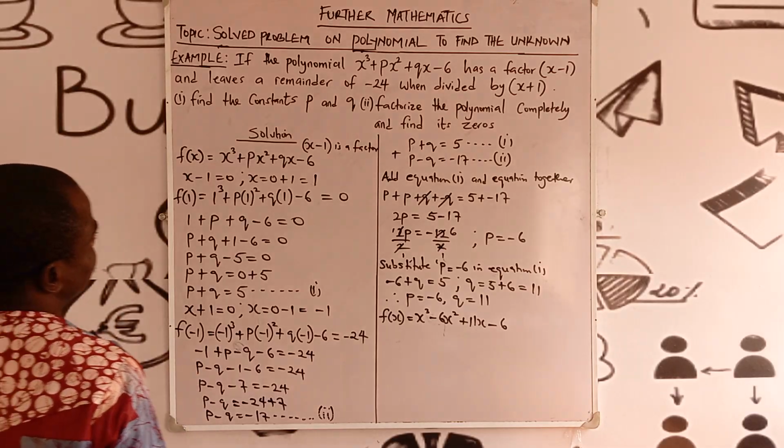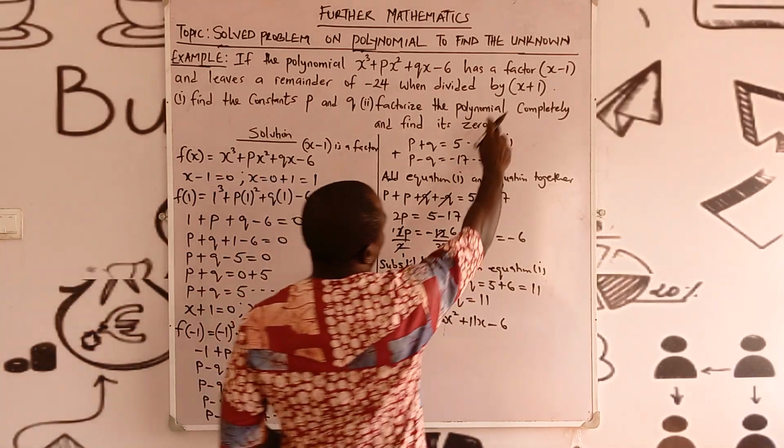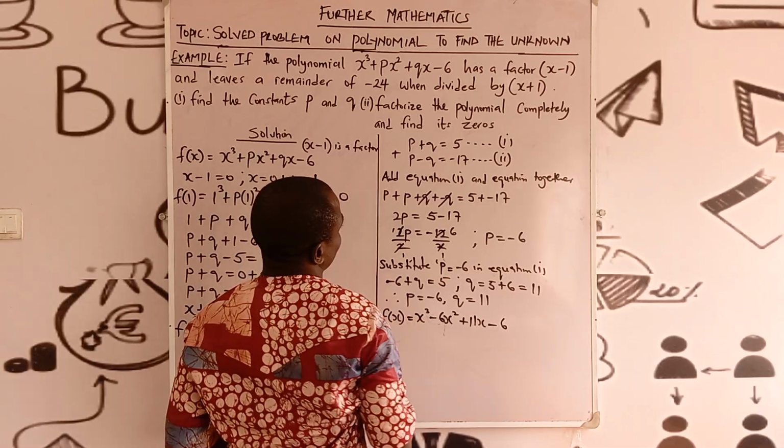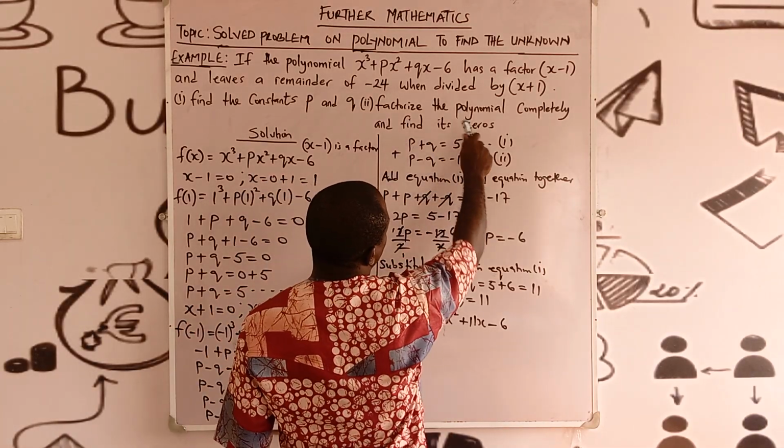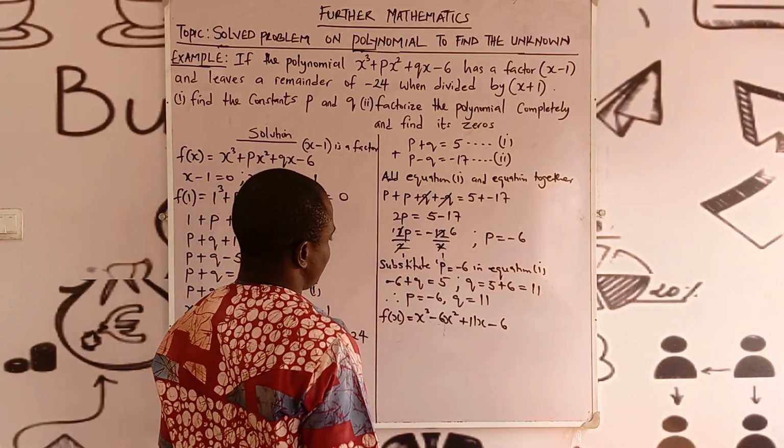Given x minus 1 as a factor, we have to factorize the polynomial completely and find its zeros.